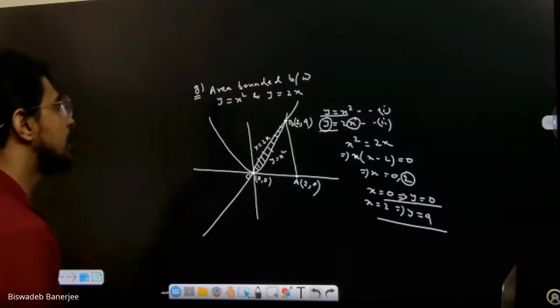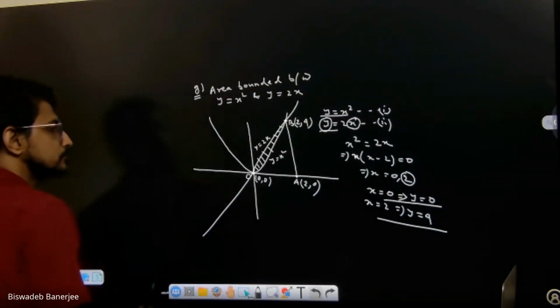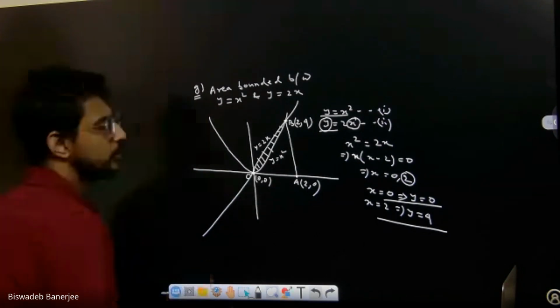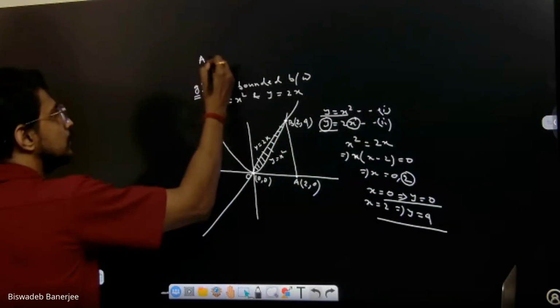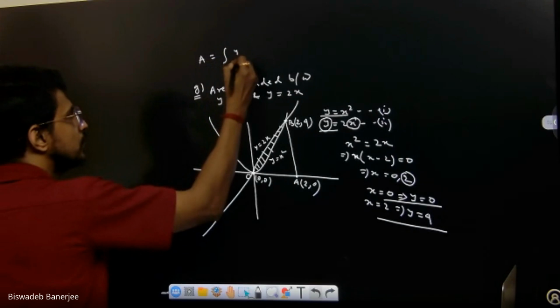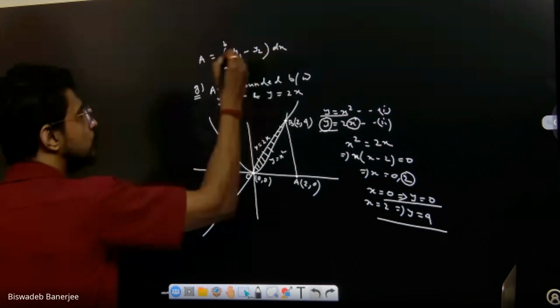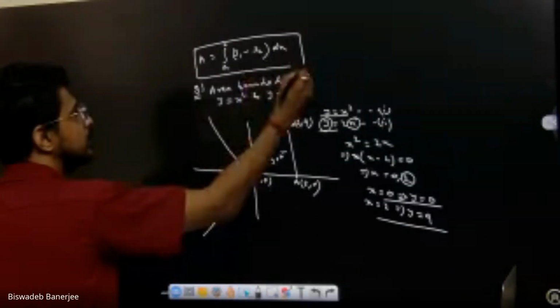So how can we find the area bounded between them? We know the formula of area: integration from a to b of (y1 minus y2) dx. This is the formula for area.